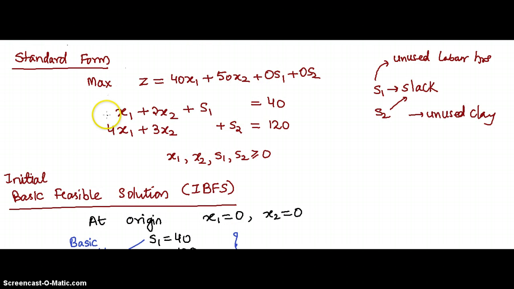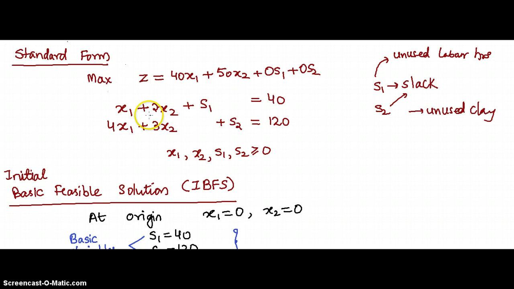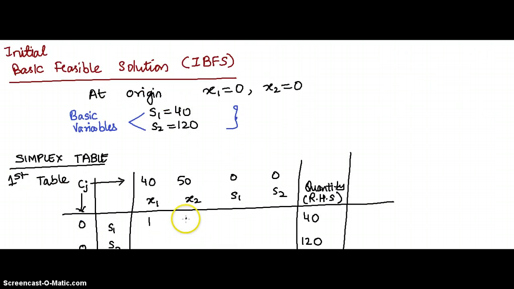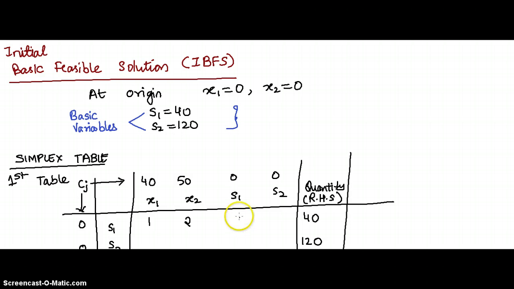So if we see here, what is the number with x1? It is 1. So we will write here 1. We check the coefficient of x2 in the first constraint. It is 2. So it will come here as 2. And we check the coefficient of s1 is 1 and there is no s2 which is 0. So that's why it is 1 and 0.